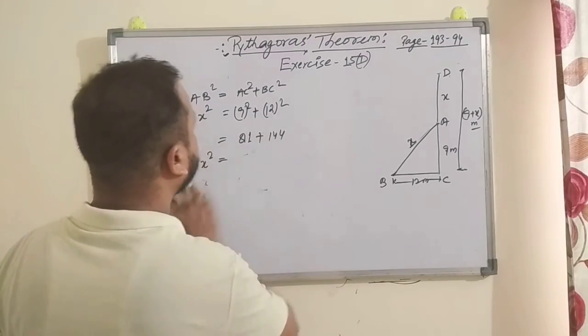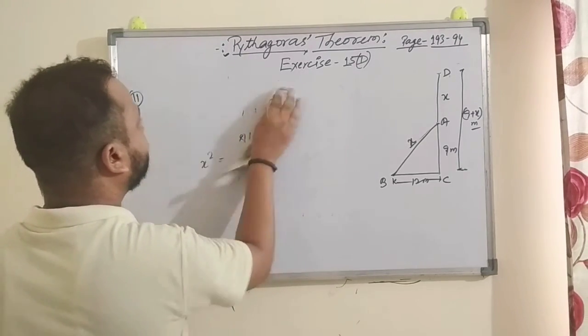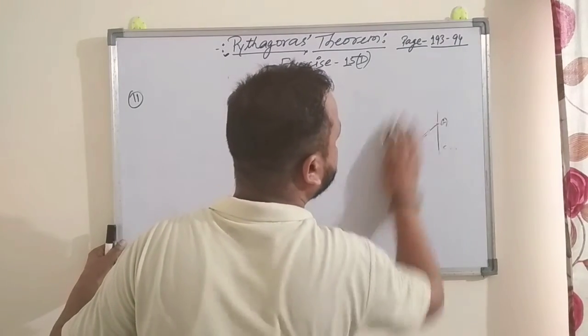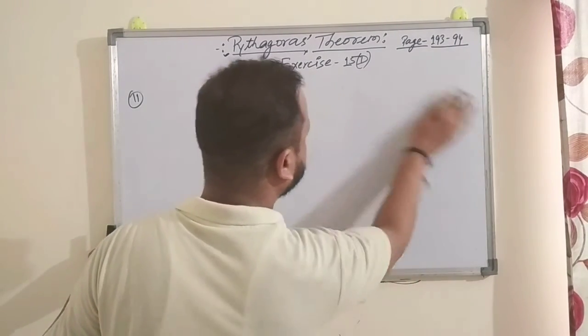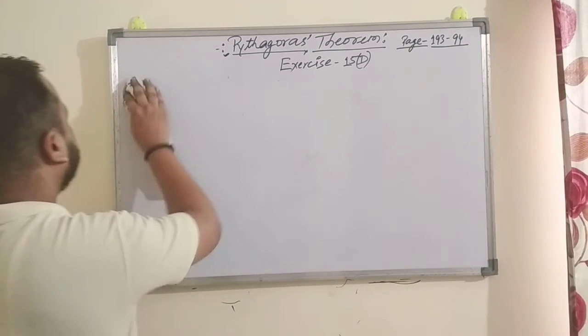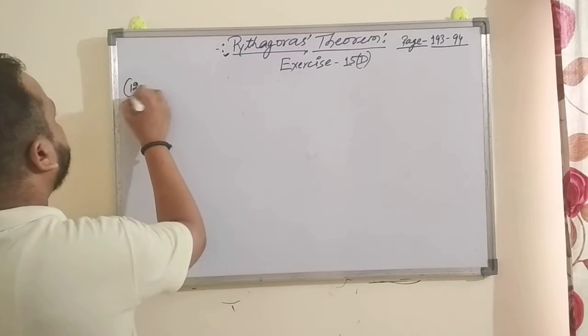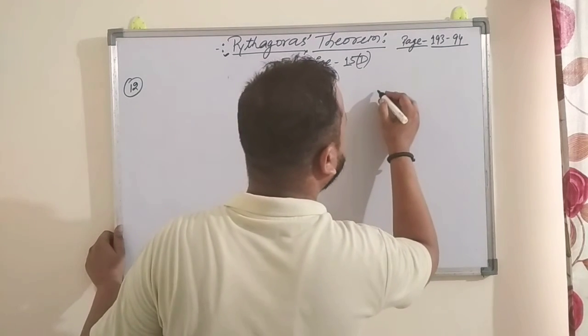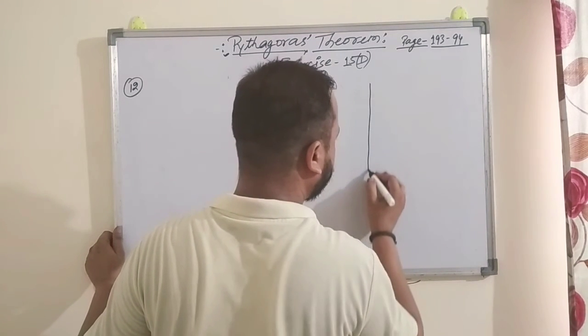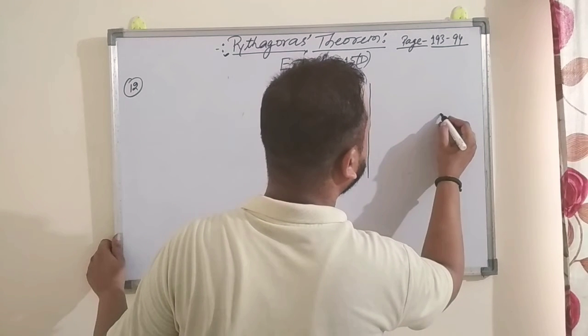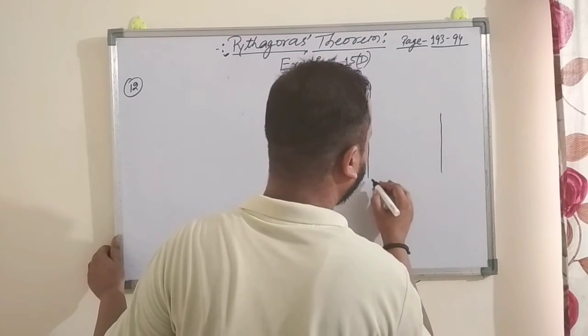So question number 12, right? There are two poles. Suppose this pole and here is another pole, right?